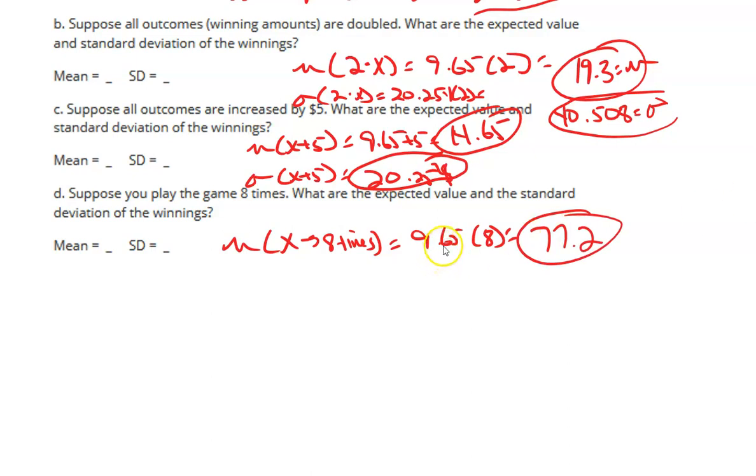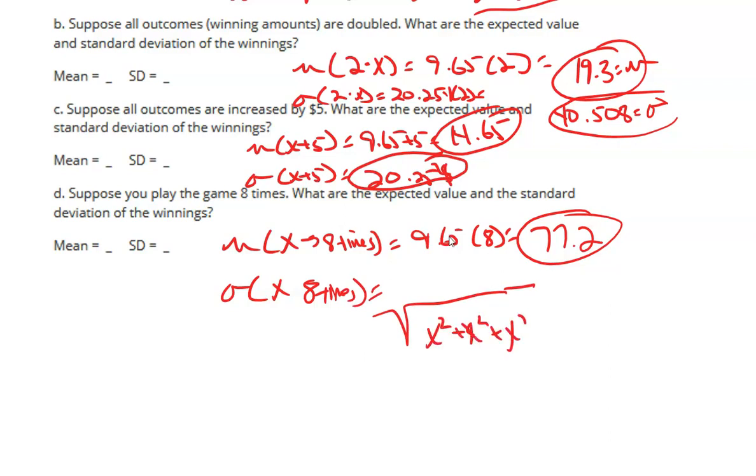Now my standard deviation for x 8 times would be the square root of x squared plus x squared plus x squared, 8 times, right? Another way you can write that is 8 times x squared. So you take your x squared and multiply it by 8.